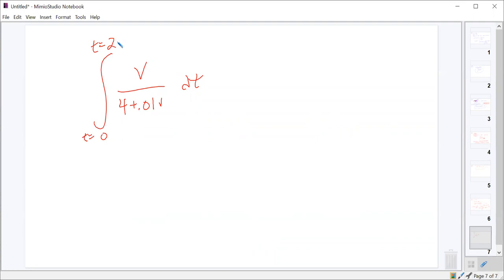And I wouldn't expect them to give you one that's this complicated to set up, but that's fine. It's still good practice for us. And so now we've got two V's in here. We need to integrate though with respect to T with these T values. So we got to turn the V's into terms of T. And we know that V is 80 times T plus 1 over T plus 2.